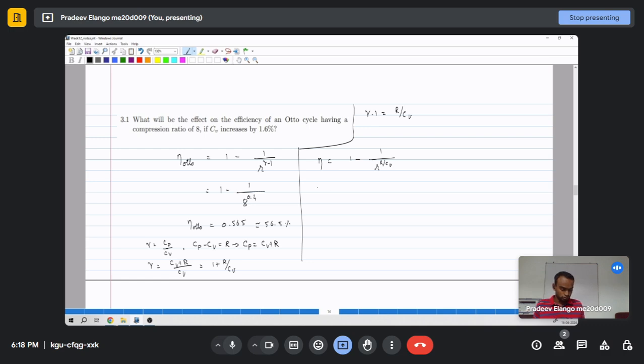So now this can be written as 1 minus eta is equal to r power minus R by Cv. We can take ln on both sides, and we have ln of 1 minus eta is equal to minus R by Cv into ln of r.